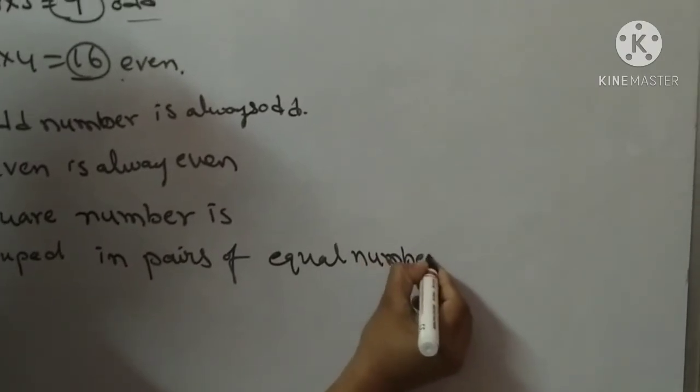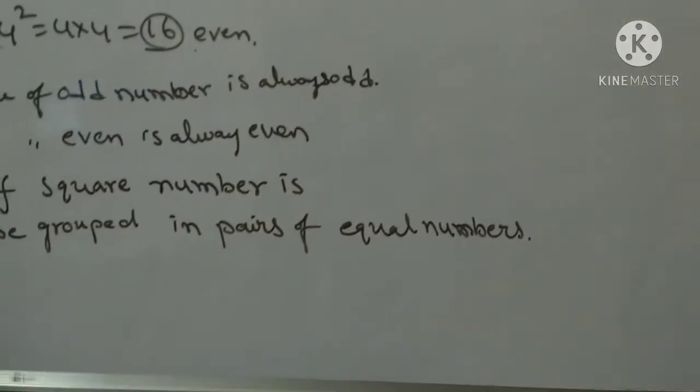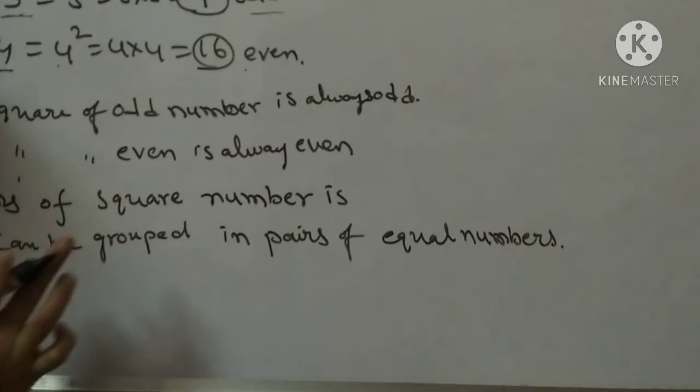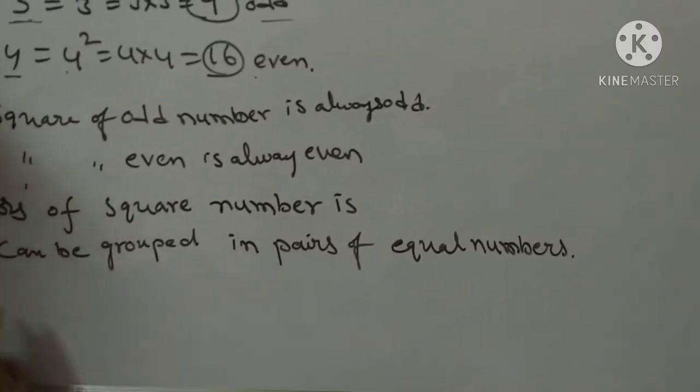Pairs of equal numbers. What is that? Factors of every square number can be grouped in pairs of numbers.